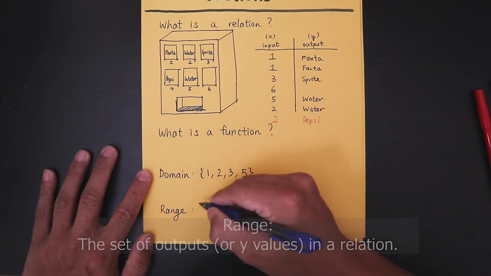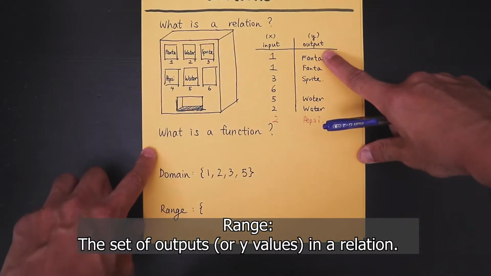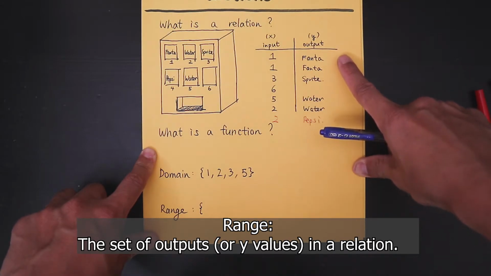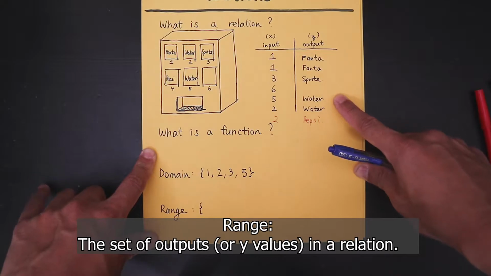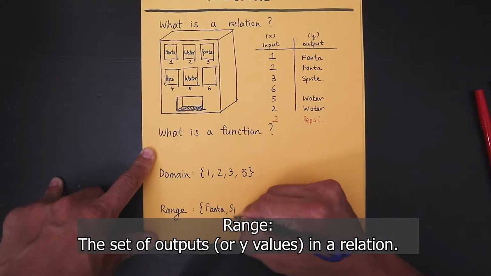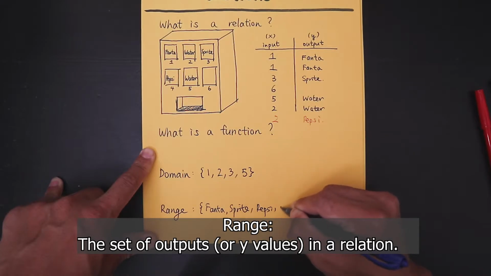And then the range is the set of outputs, which is the set of y values. In this case, the output is all the drinks here. There's not really any particular order you write them in because they're not numerical values. So all you have to write is the drink's title, which is Fanta, Sprite, Pepsi, and water.